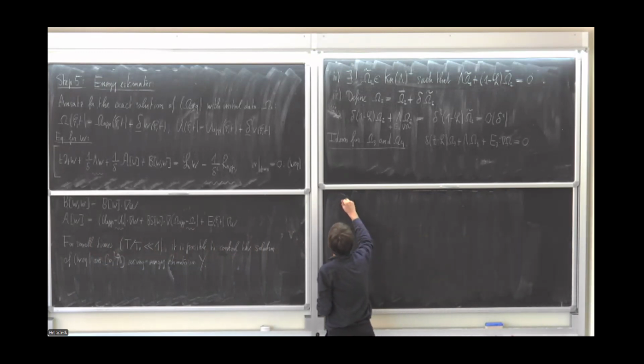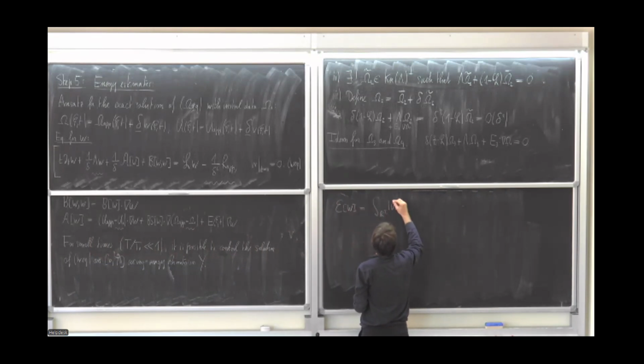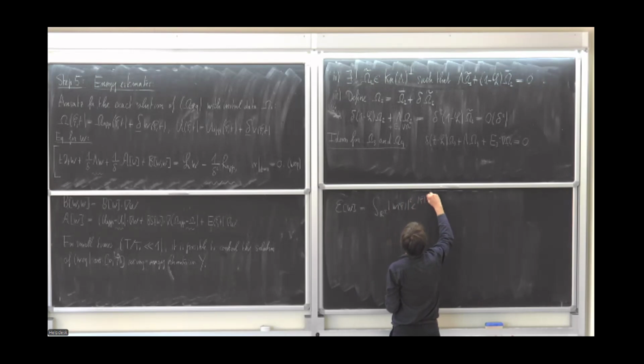For some consistency with the last lecture, let me define E of W, my energy, as the integral over R2 of W of psi squared e to the psi squared over 4 d psi.